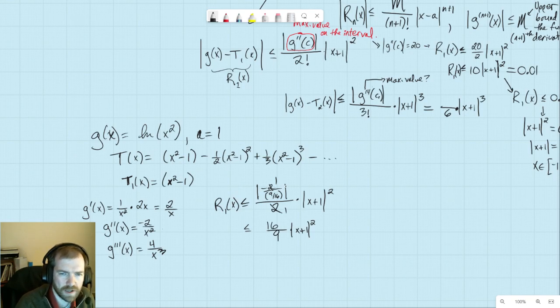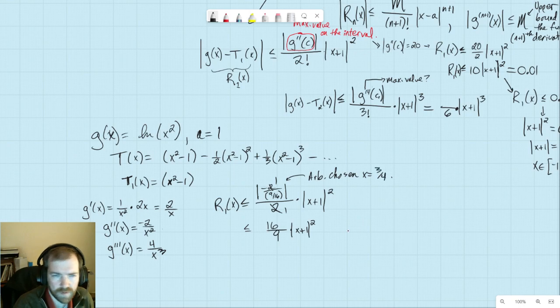So I was saying here, arbitrarily chosen x equals 3/4, just cause. So if we're staying somewhere within like 1/4 of, oh, minus 1. Oops.